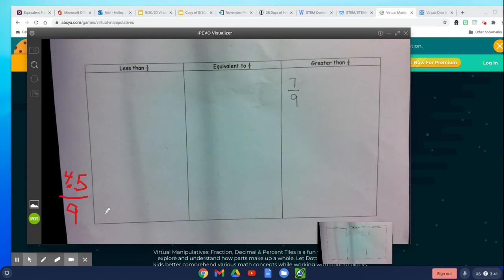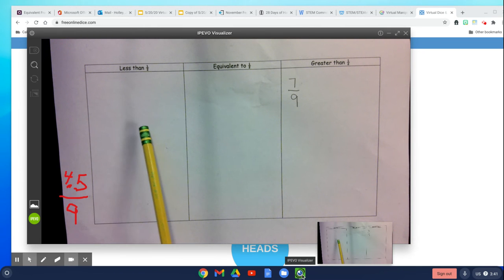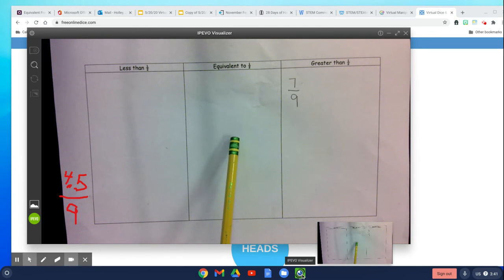So that was a little difficult to start out. So let Miss Holly pick a different, let's see, 9. 3/9. Okay? So I have 3/9. So I'm either going to put it in less than, equivalent to, or greater than.